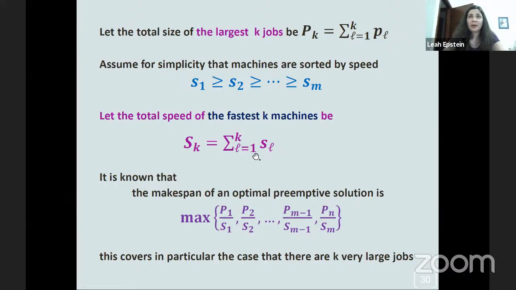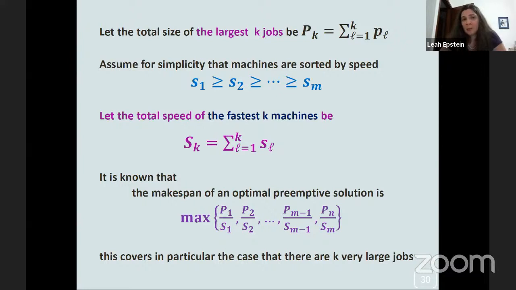So I think most of you already know this, but the idea is here to consider not only the largest job divided by the largest speed, but also the two largest jobs divided by the sum of the two largest speeds, and so on. And we continue like that up to m-1.